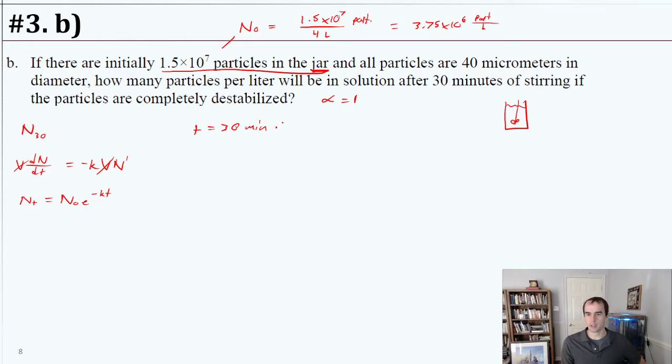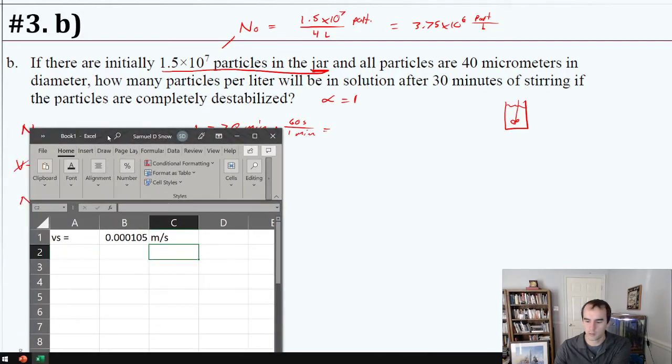Either one's fine, but we'll just go ahead and multiply this by 60 seconds per 1 minute. That should be 1,800, I think. Just do that real quick. Yep.